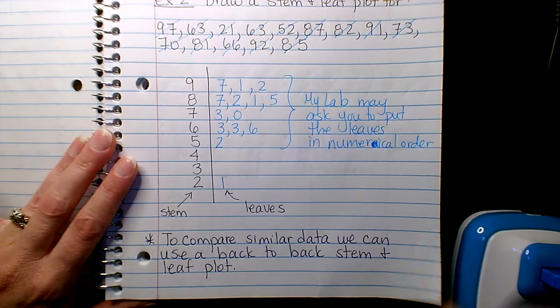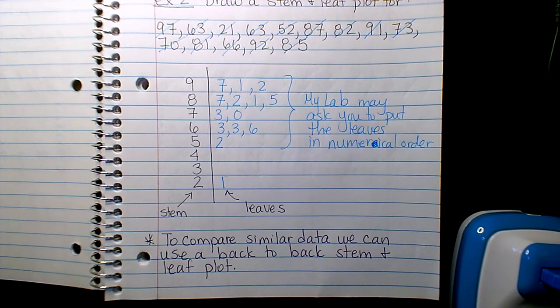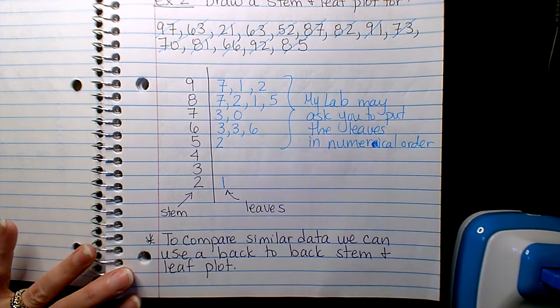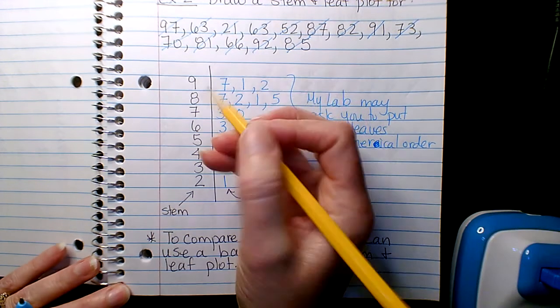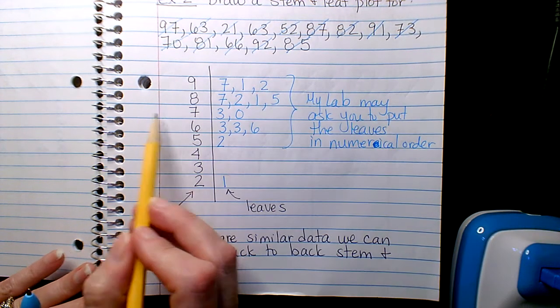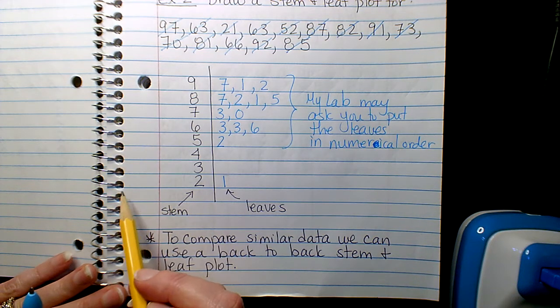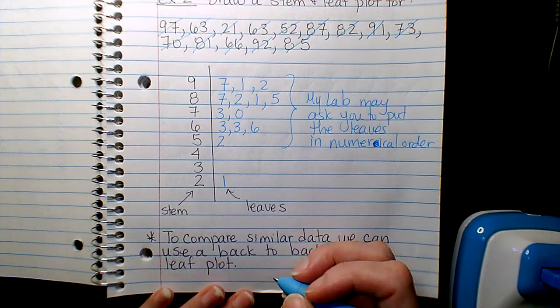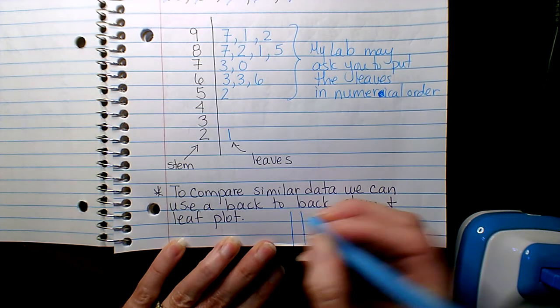So, if you wanted to compare similar data, let's say I've got 2 sections of a class and I want to compare their test scores. Then I could do what's called a back-to-back stem and leaf plot. I could do the leaves for one class, and then come over here and do another line and put the leaves for the other class over here.